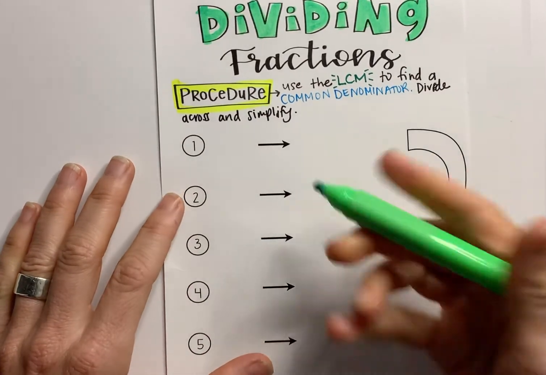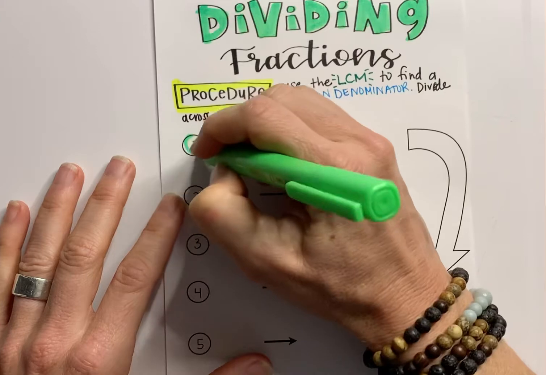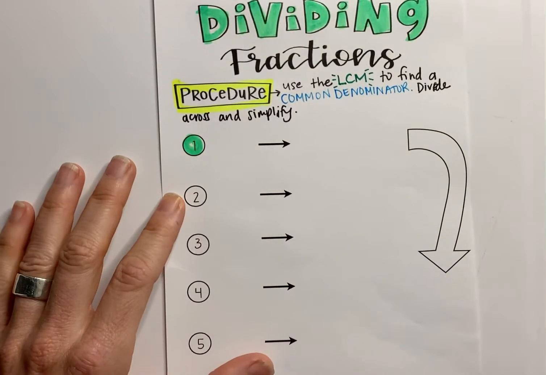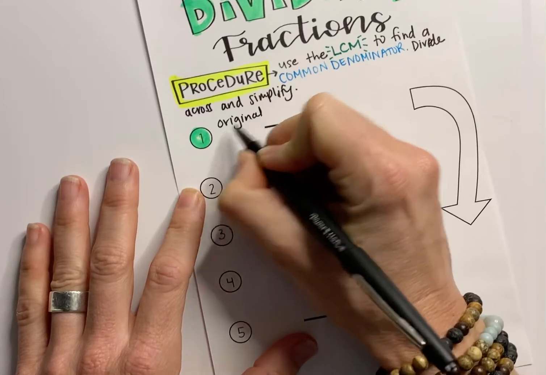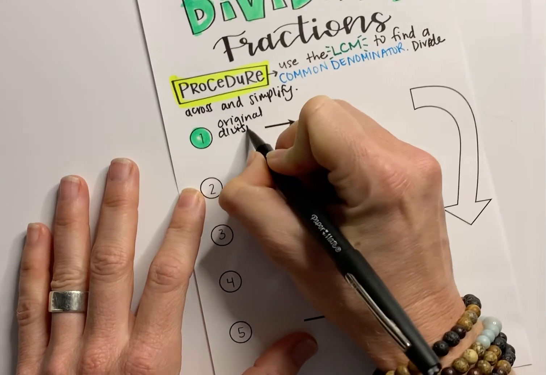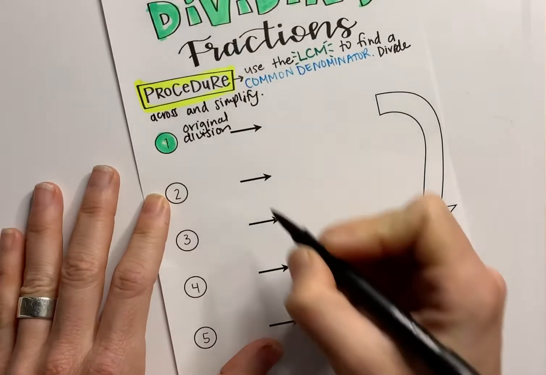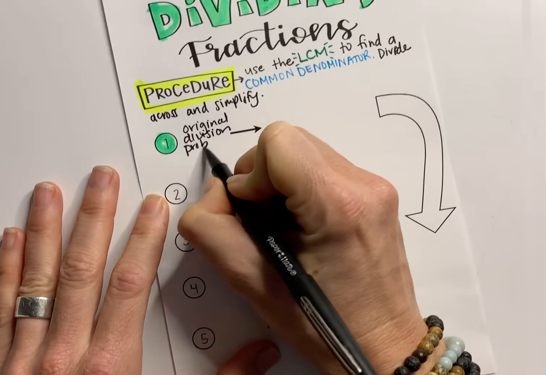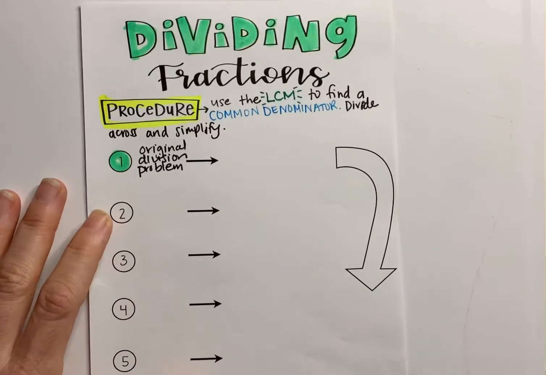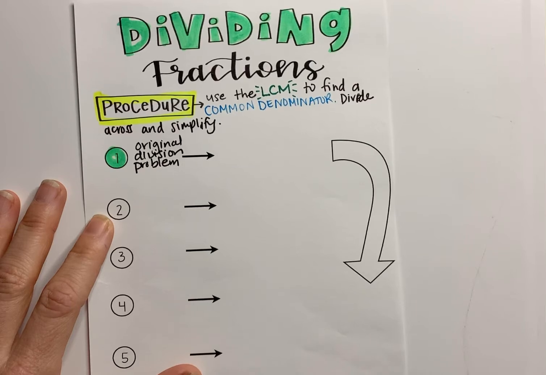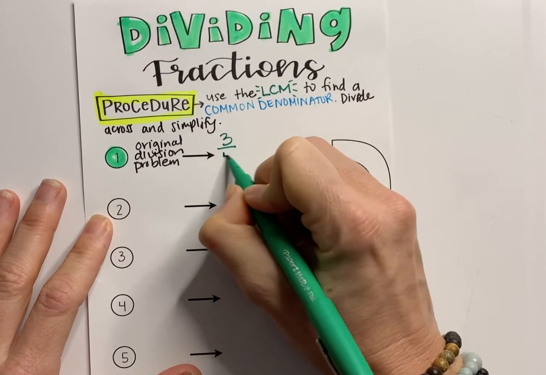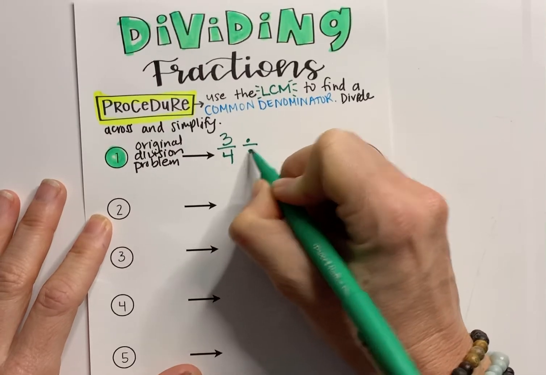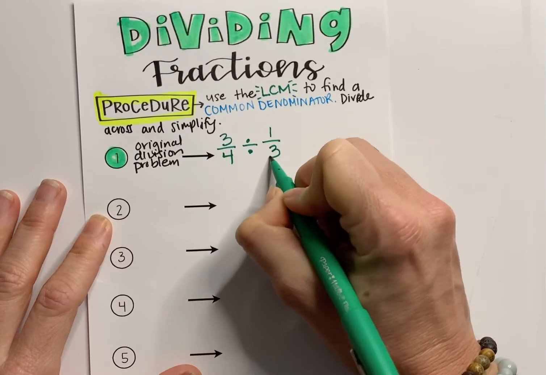Okay, step one. We're going to start with our original division problem: 3/4 divided by 1/3.